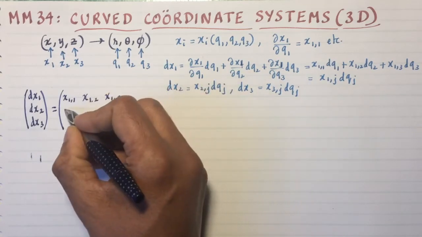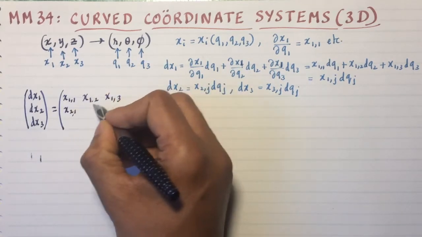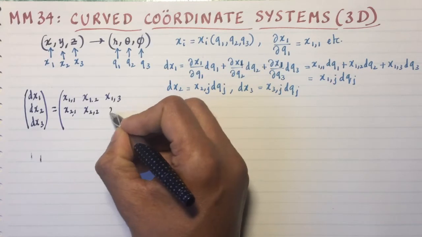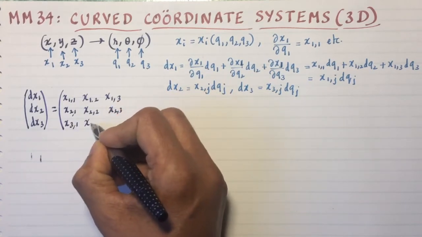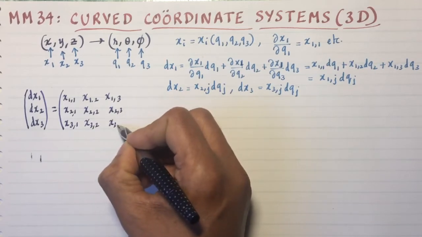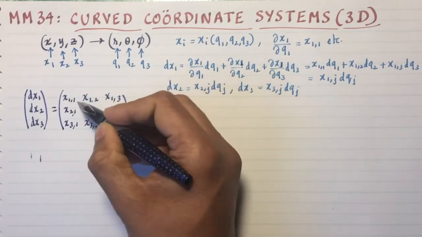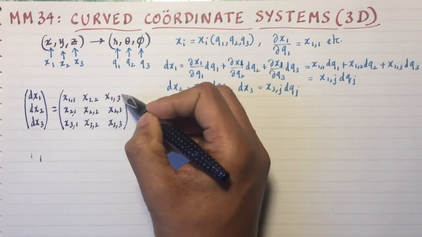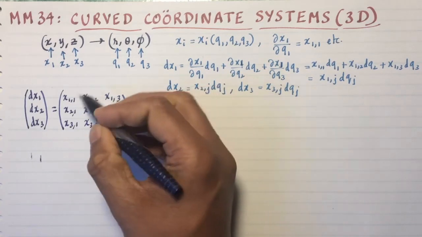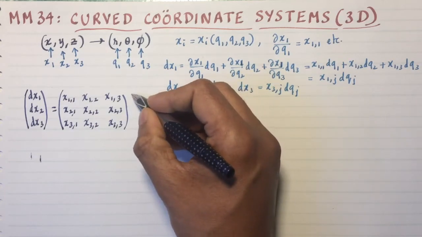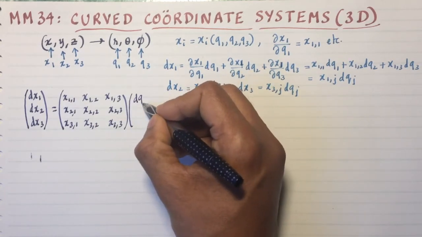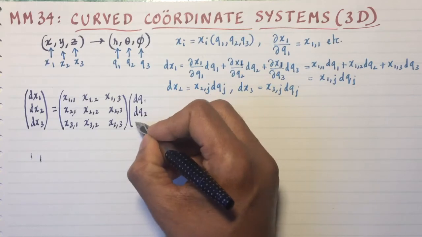As you're filling it, observe the structure. The column index always occurs second, and the row index always occurs in the first position. And then I get dq1, dq2, dq3.